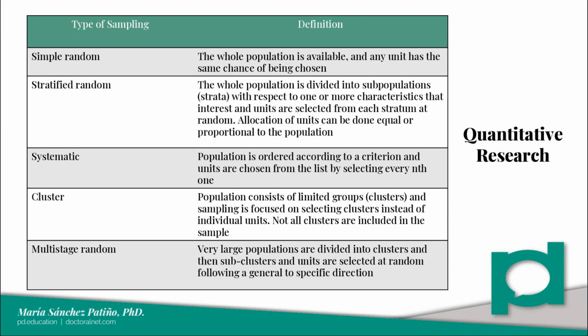Then divide each of those clusters into provinces and apply randomization again to select some of them. Divide that cluster into cities and choose some of them at random. And you do the same process to get a smaller cluster until the sample is small enough for the purposes of the study.